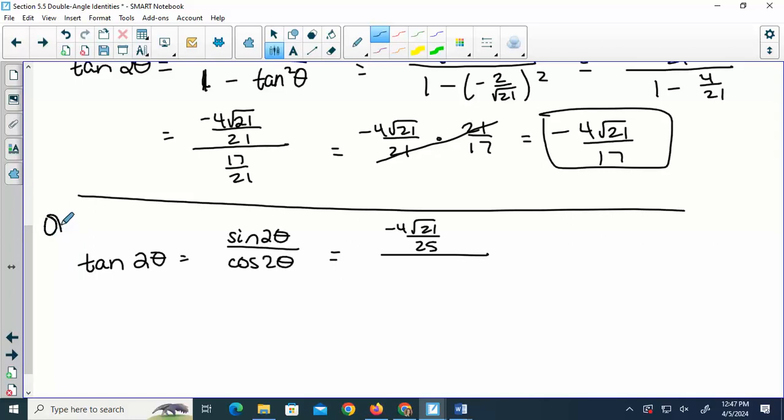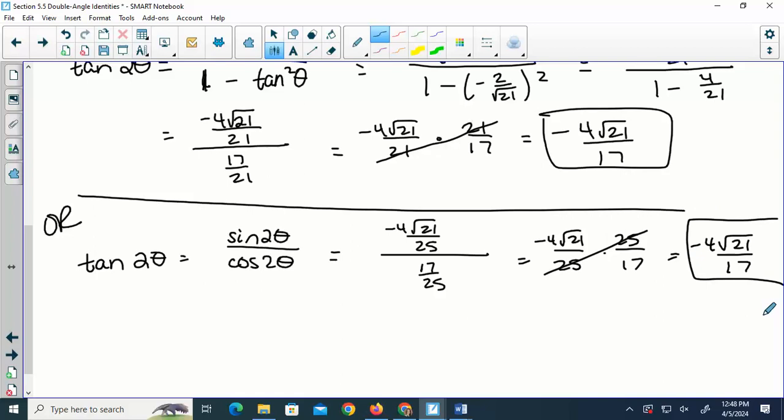We found cosine of 2 theta was 17 over 25. If you flip and multiply, those cancel and we get the exact same thing. Which one's easier? The second one.